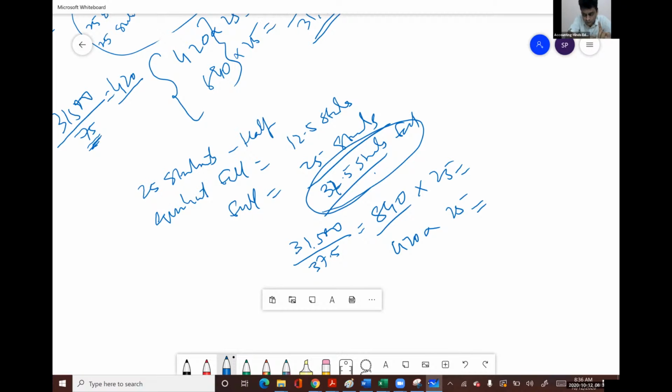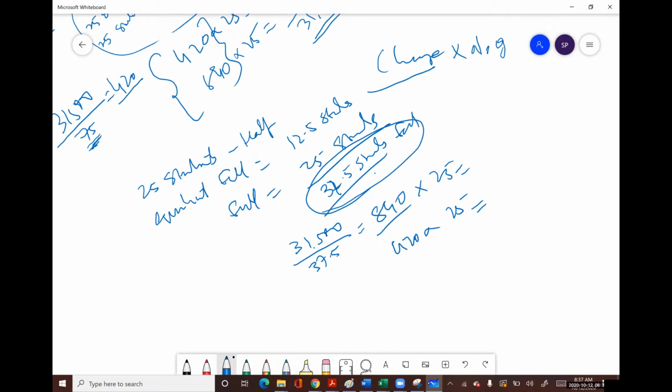But there is only one logic. Whatever I charge, the charge into the number of students, if I do that, I should recover my cost. That logic you have to stick to, or not? Yes, sir. If you stick to that, then you will be able to get the answer. Now, what is your concern? You tell me.